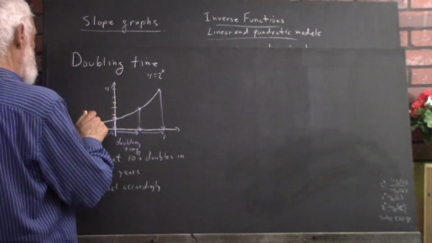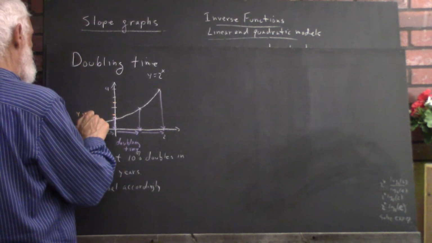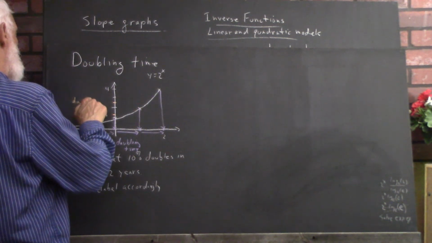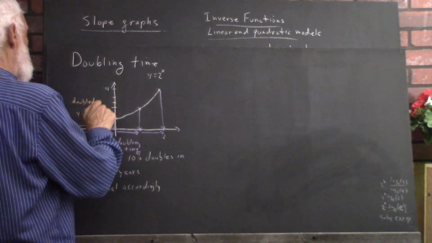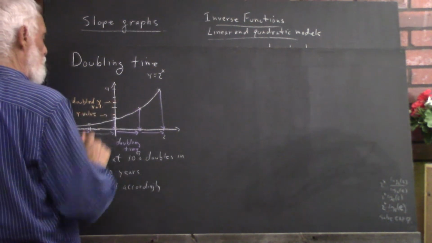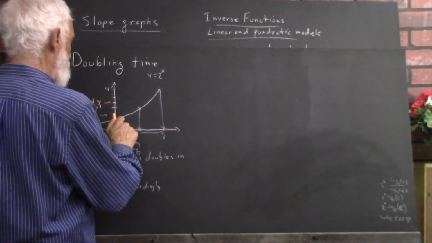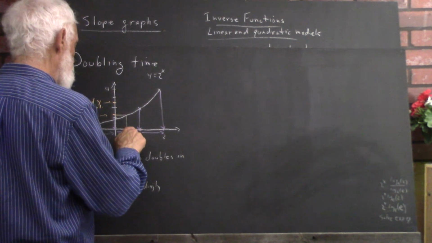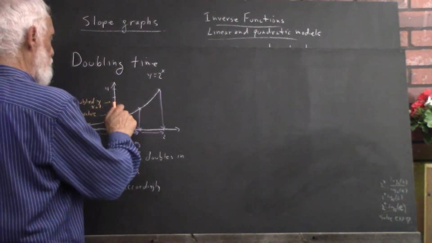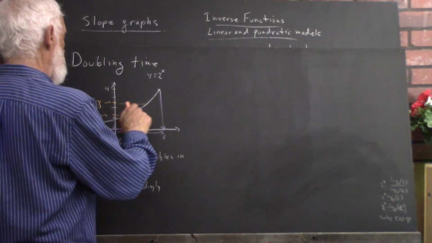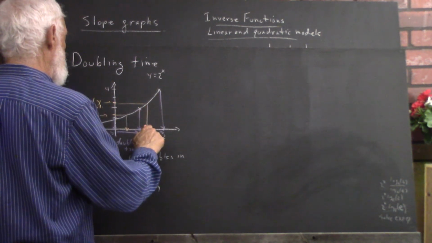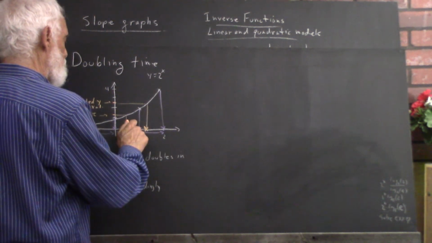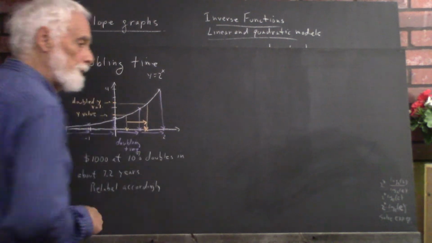So here's a y value. Here's a doubled y value. If the graph is accurate, and you go over here and try to find the value of x that goes with this value, then come over here and find the value of x that goes with this value, the doubling time is still going to be the same.